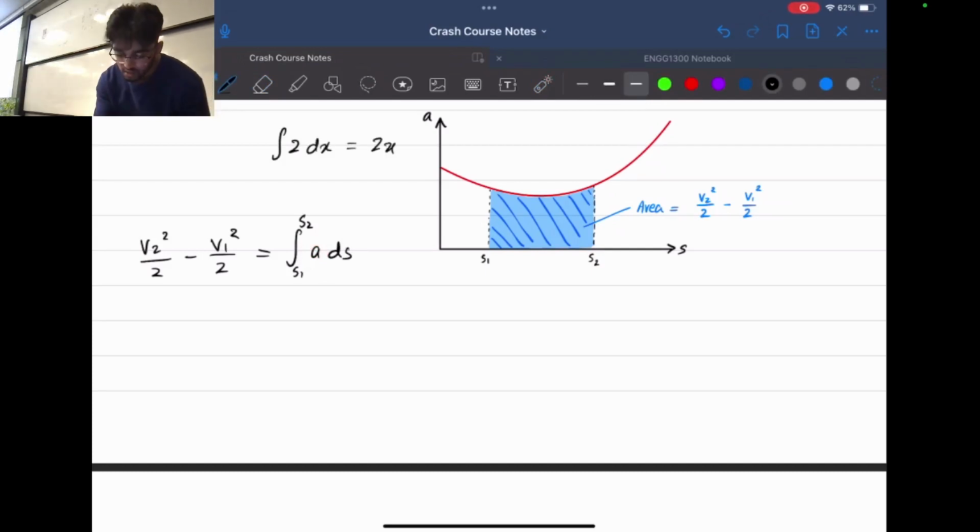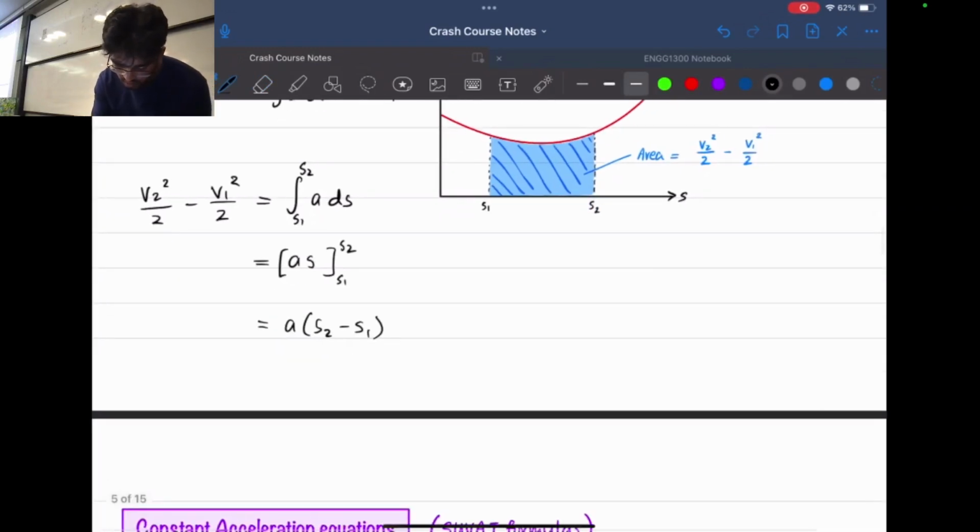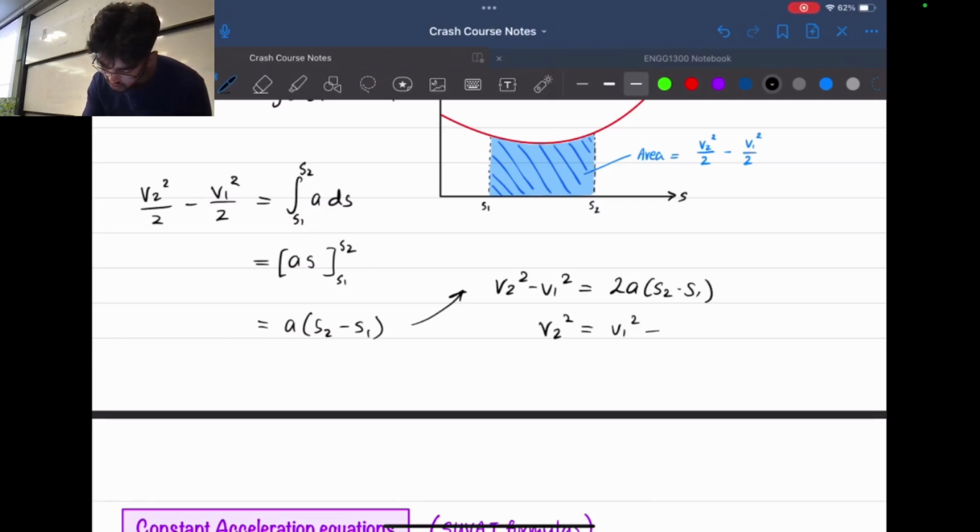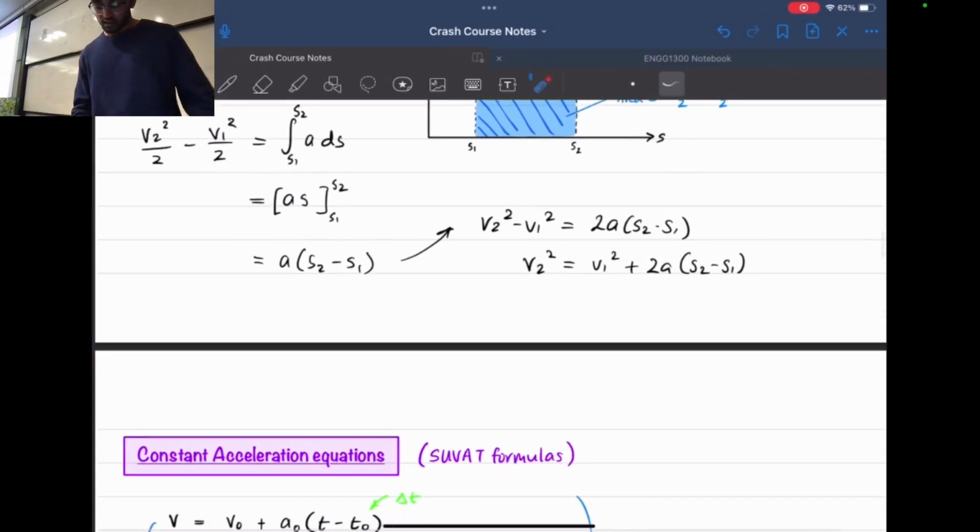So we can just treat this as a s from the bounds of s1 and s2, which gives us a(s2 minus s1). And we get v2 squared minus v1 squared is equal to 2a(s2 minus s1). So v2 squared is equal to v1 squared plus 2a(s2 minus s1). Oh, so that's where it comes from. Okay.